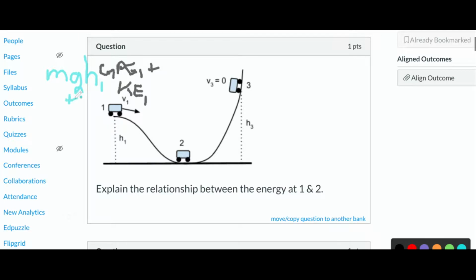For KE, it's 0.5 m v1 squared, because the cart's already moving.